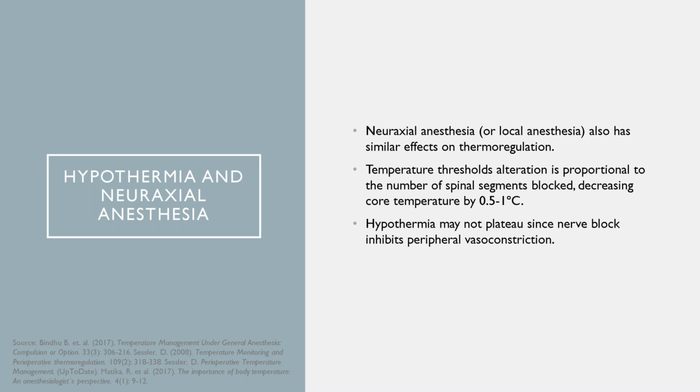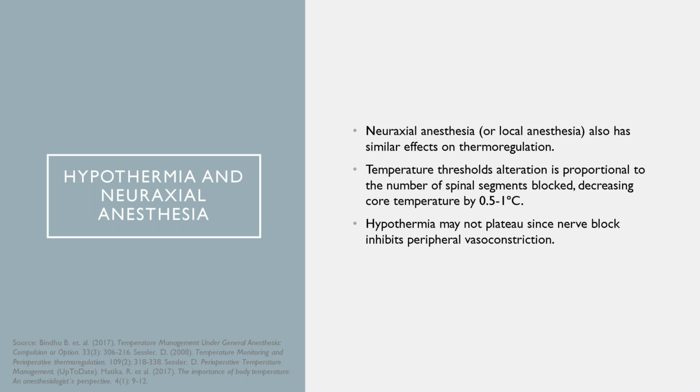Now there are various ways of measuring in terms of spinal segments that you block if you're doing an epidural or a spinal or whatnot. But the important point, I think, is really at the bottom there. It is a very underappreciated point that people really don't consider when they're thinking about nerve blocks and neuraxial anesthesia.